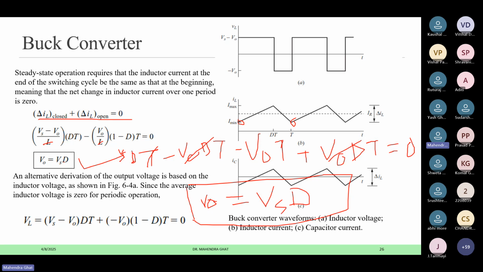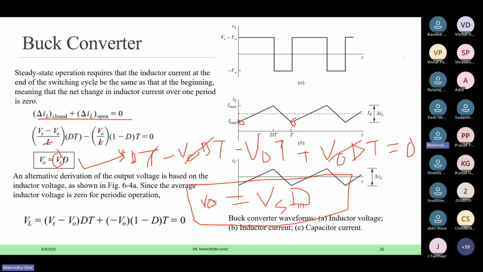When d is between 0 and 1, you will get the output voltage between 0 and Vs. So it is always equal to or less than the input voltage. That's why it is called the step down converter or the buck converter.